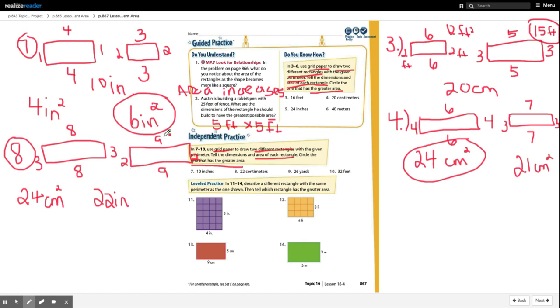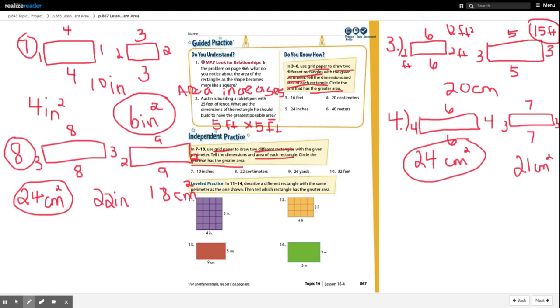We have 9 centimeters times 2 centimeters is going to give us 18 square centimeters. So out of the 2 areas, which one has the greatest or greater area? You're right, it would be 24 centimeters.